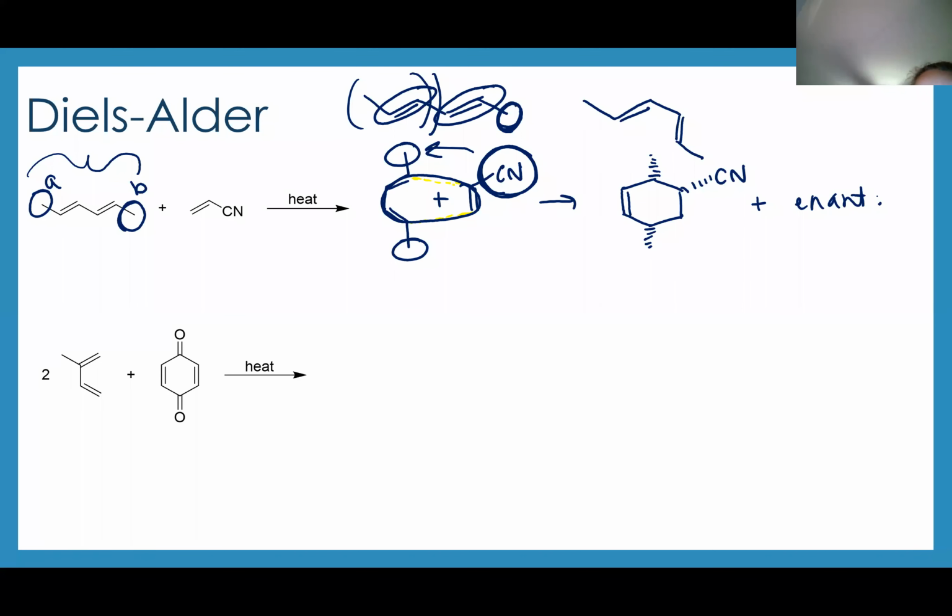Also, I want to remind you that if you were to flip this molecule over like a pancake, the methyl groups would be up, and the nitrile would be here and up. The key thing is that the outside and the electron withdrawing groups end up pointing in the same direction, right?